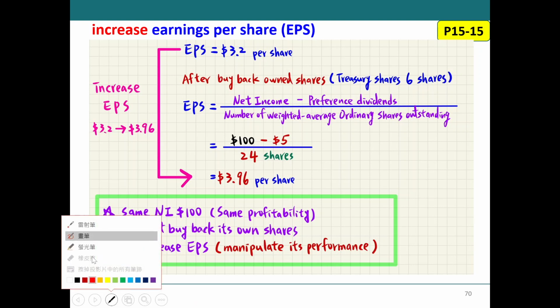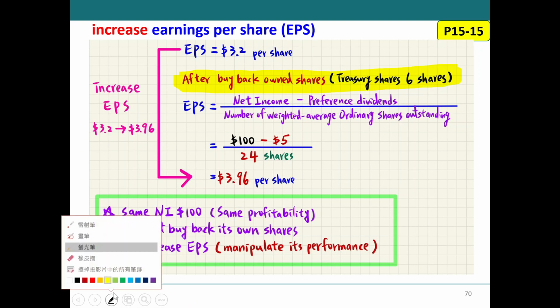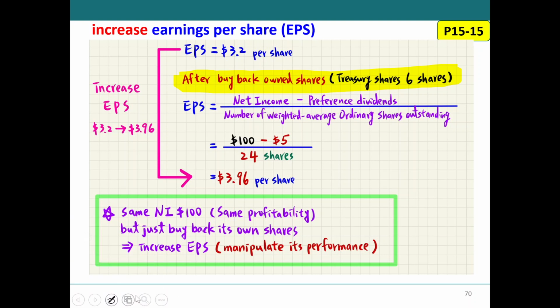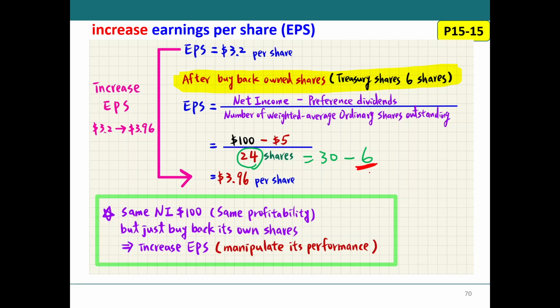After you buy back, for example, if I buy back 6 shares, your outstanding shares, the shares in the market, will be only 24. Why? 30 minus 6, right? 6 are the shares you bought back. So this is your treasury shares.